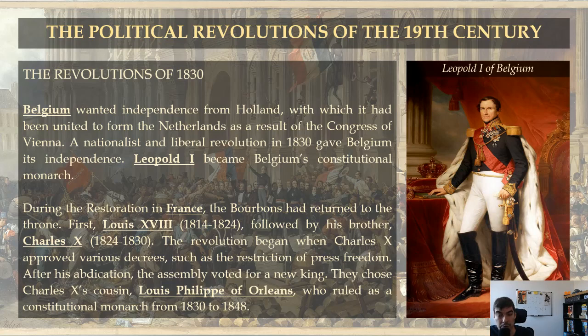This revolution started when Charles X approved several absolutist decrees, such as the restriction of press freedom. So he was forced to abdicate. After that, the assembly voted for a new king and they chose Louis Philippe of Orleans, who reigned as Louis Philippe I, and he ruled as a constitutional monarch until the next revolution, the Revolution of 1848.